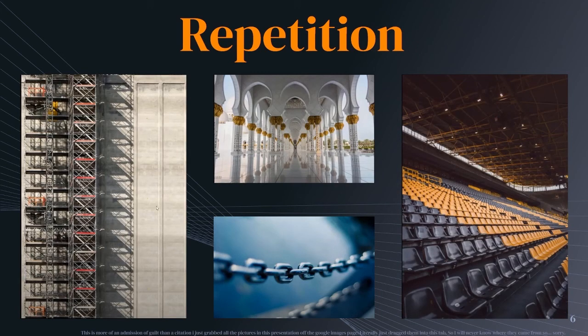Repetition is huge in the real world, and it's a very powerful tool in proceduralism. You could very easily make a whole row of chains by just creating one of these segments and then cloning and rotating by 90 degrees, and then cloning and rotating by 90 degrees, and it would run this whole line.